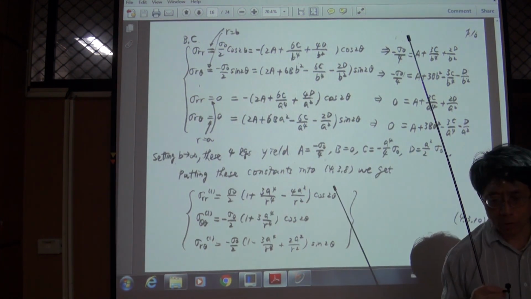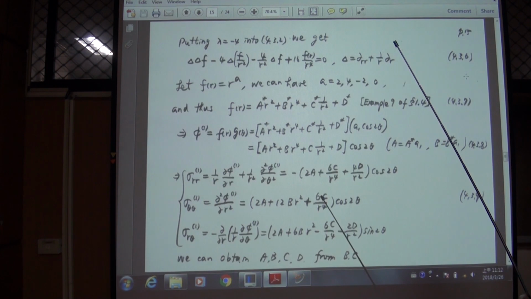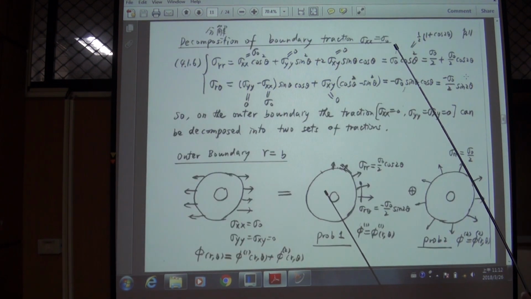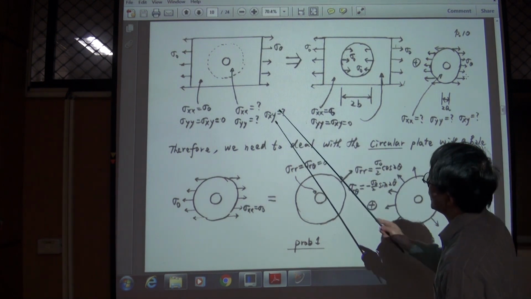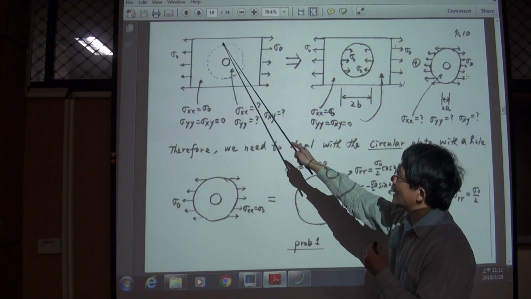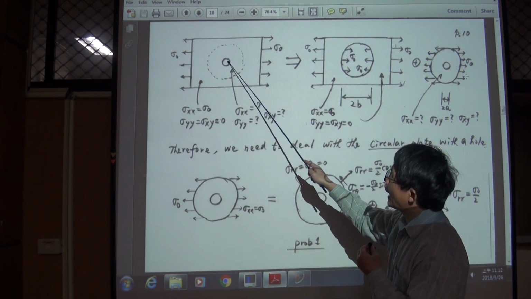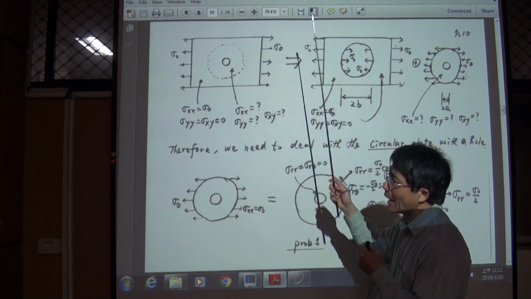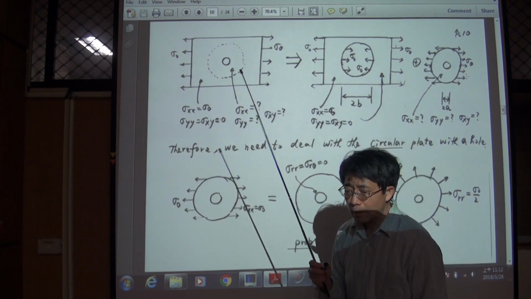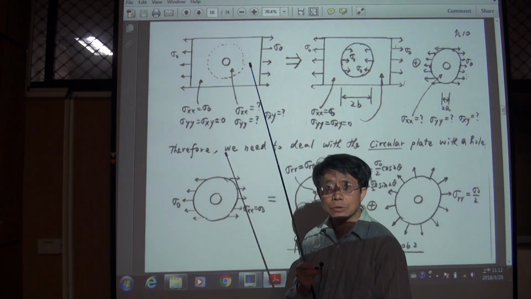So you should ask me, what is the size of little b here? We cut a free body here. The outer radius is little b, right? But how large is b? Okay, there's no definite answer.